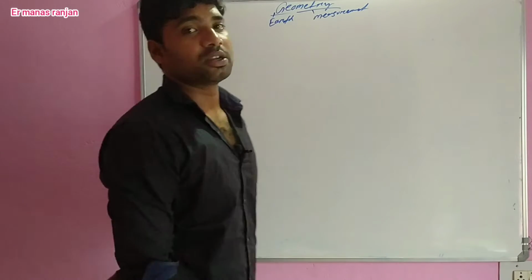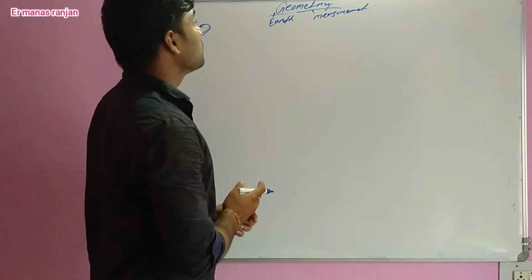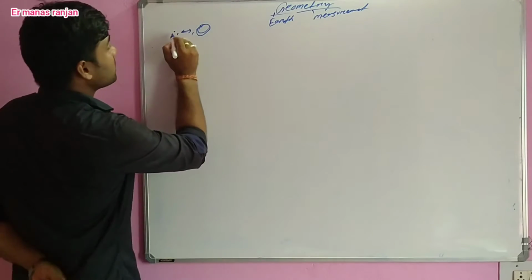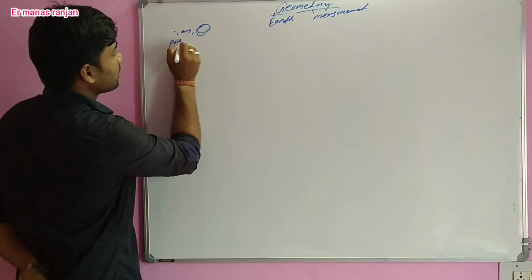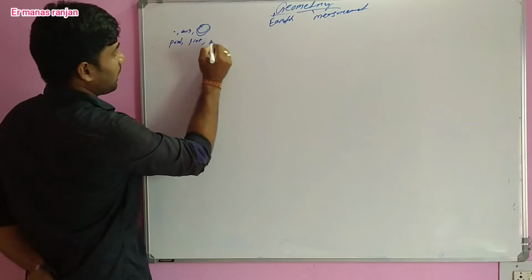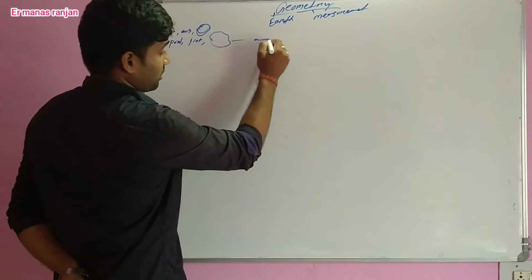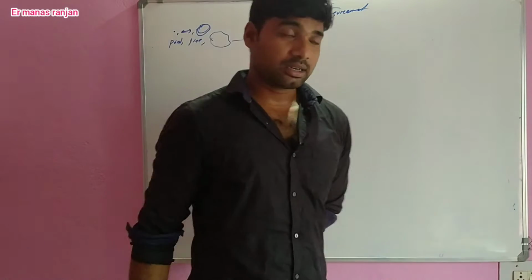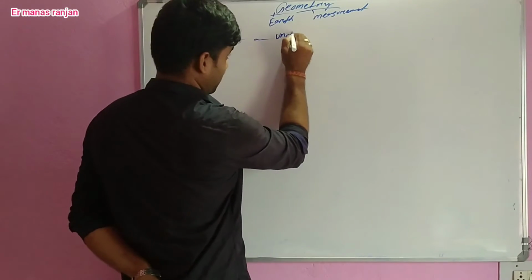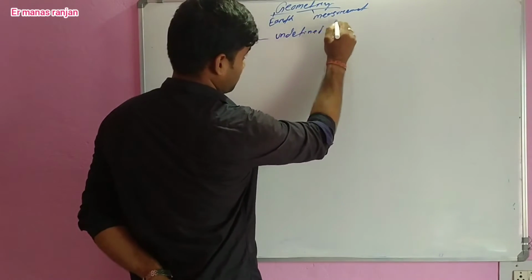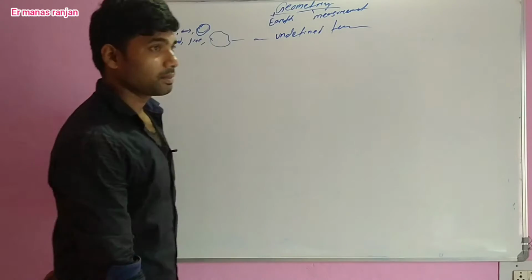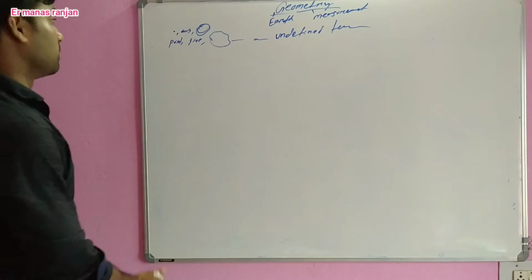Plane is not possible to define. So these three terms, point, line and plane, are called undefined terms.